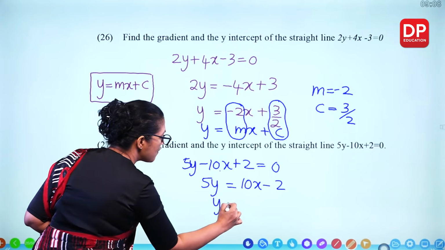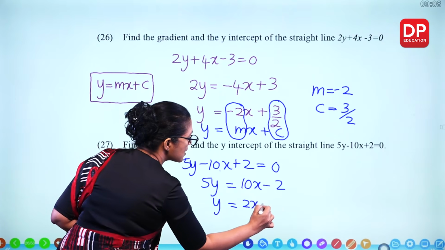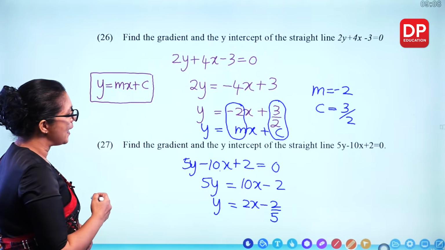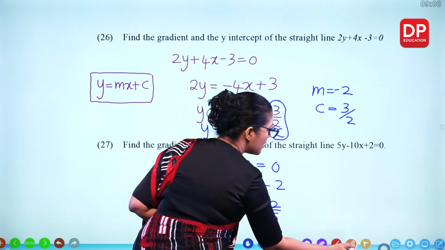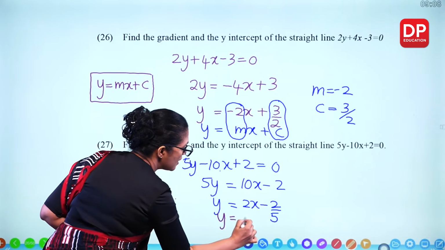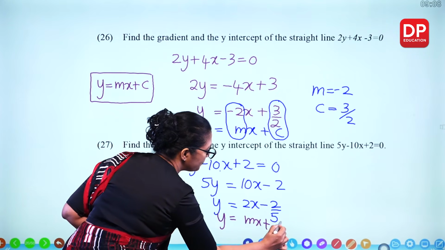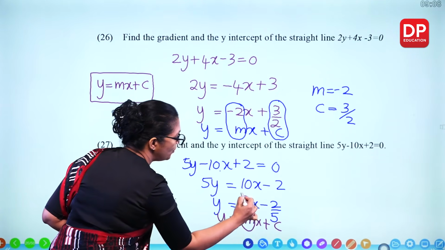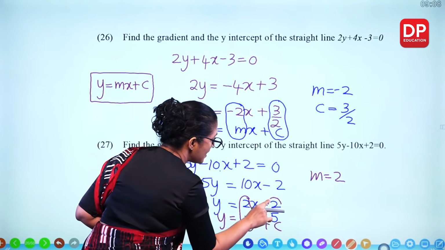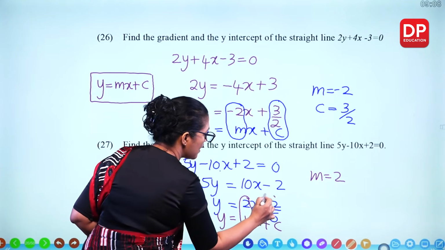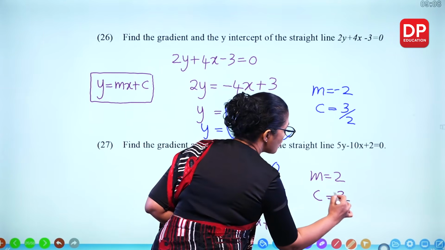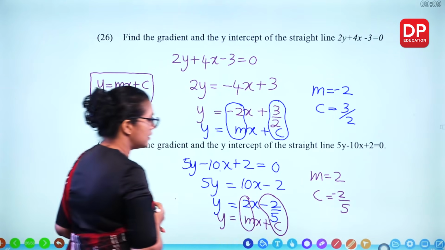Divide by 5, you get 2x minus 2 over 5. Then identify the gradient and the y-intercept. This is y equals mx plus c form. M is 2, c equals, with the minus sign you have to take, this whole thing is c. C equals minus 2 over 5.